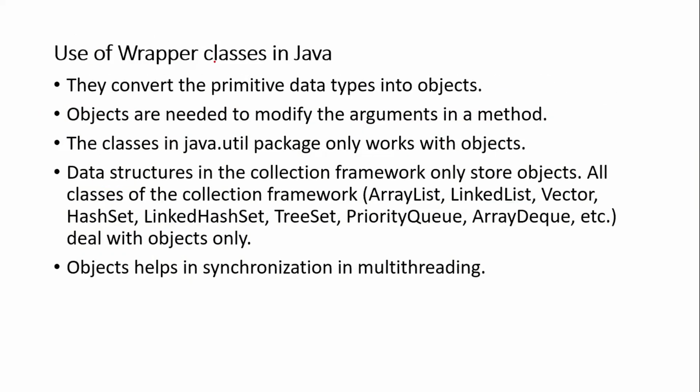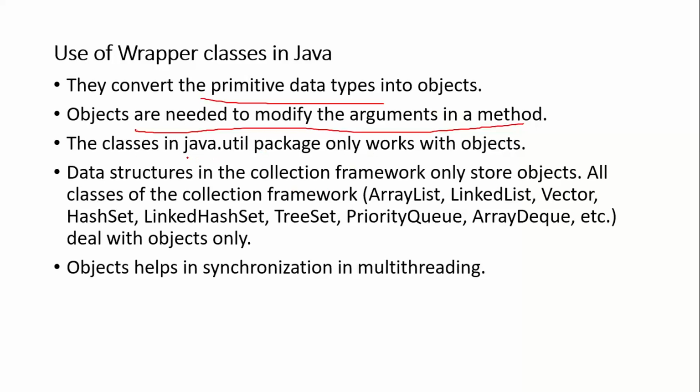Uses of wrapper classes in Java. The first one is to convert primitive data types into objects. That is what we discussed in the previous slide. Next, objects are needed to modify or pass on as arguments to a method.